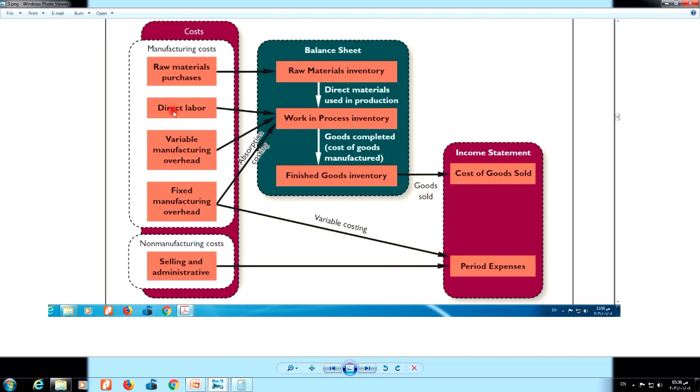So raw materials, direct labor and variable manufacturing overhead are included in cost of goods sold and in ending inventory in both approaches. The difference lies in fixed manufacturing overhead. Under absorption costing, it will be included in cost of goods sold and in inventory. Under variable costing, fixed manufacturing overhead is included as a period expense.